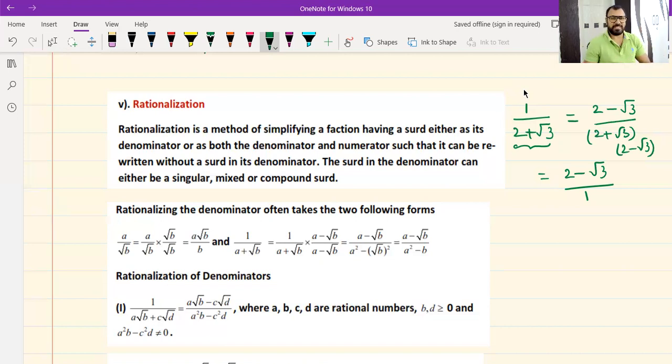There are two cases. See, here the rationalizing denominator often takes the two following forms. A by root b is given. Multiply numerator and denominator by root b, so that now you see the denominator reduces to a rational number.